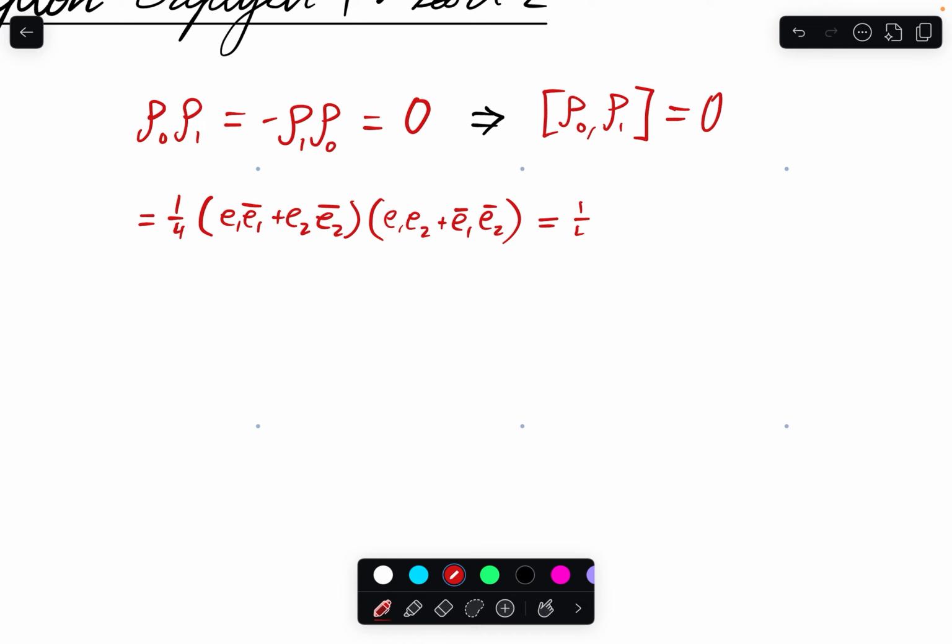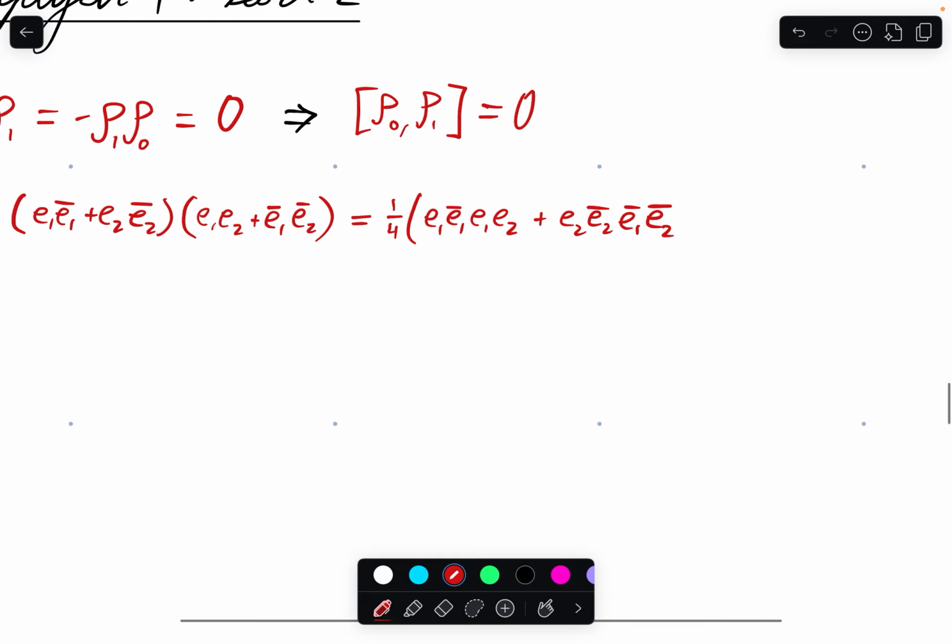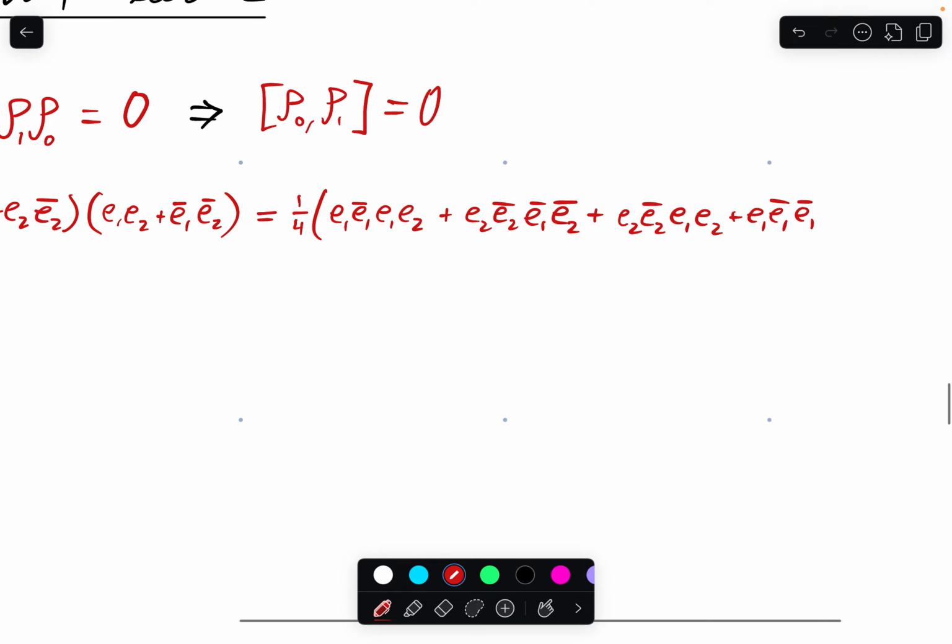And we can see that it's 1/4 times: E1 bar E1 E2, plus E2 bar E1 bar E2 bar, plus E2 bar E1 E2 plus E1 bar E1 bar E2 bar.